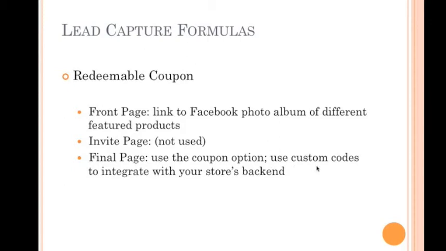You can actually use custom codes to integrate with your store's backend. So if you have an e-store or e-commerce shop online already, and you have certain code patterns that you want, you can make that into an Excel spreadsheet and upload it to the app builder, and the app builder will assign a custom code to each new unique submission. So that's pretty cool.